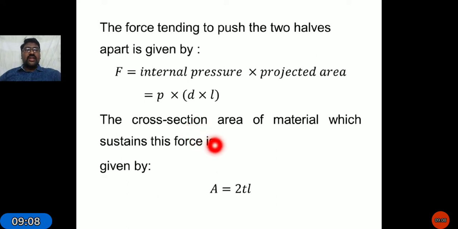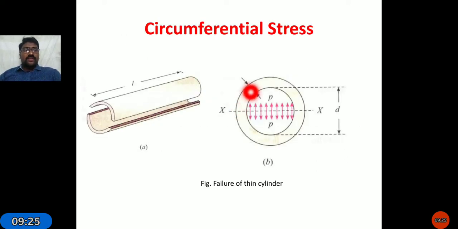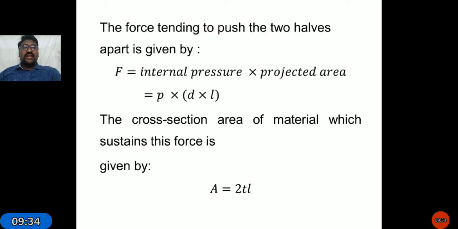Next, the cross sectional area of material which sustains this force is given by A equals 2T into L. Due to the application of this force, the material will resist along its thickness. It has thickness T; here one T and here one T, so it is 2T, and throughout its length, 2T into L. This is the resisting area.